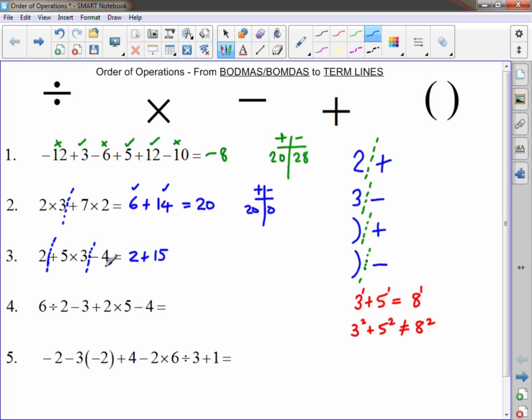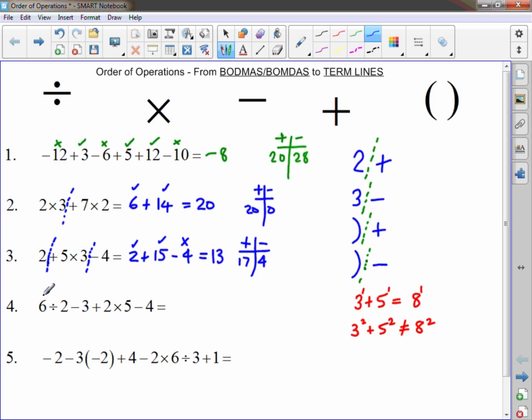Likewise, the minus 4 is on its own, so it will simply remain. We are now at the collection phase, so we can set up a little table. How many positives do I have? There are 17 positives. There are 4 negatives. So the positives are going to win by 13.